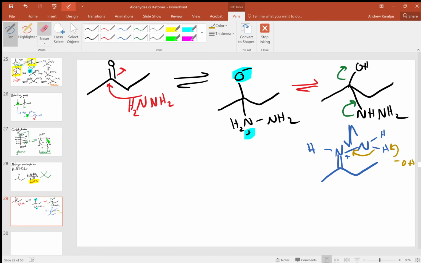Oops, let's not skip a step. So that positively charged nitrogen will lose a hydrogen. What removes it? Most likely a molecule of hydroxide comes in and removes it.